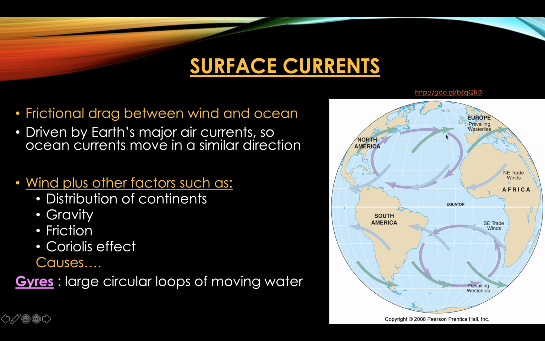So because these ocean currents are constrained by the two continents, and because of the Coriolis effect, which deflects or curves things to the right in the northern hemisphere or to the left in the southern hemisphere, because of that curvature, you get a rotating loop of water. So these are known as gyres. And if you are struggling with the Coriolis effect, go and revisit the last lecture because we'll keep coming back to that again today.